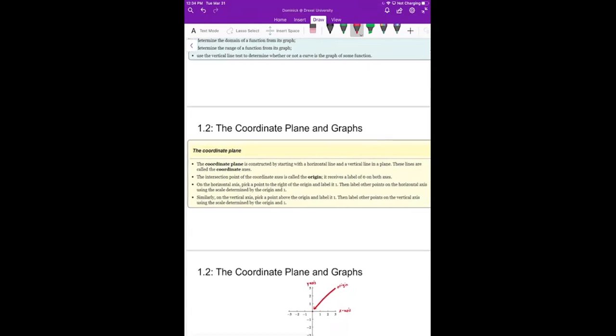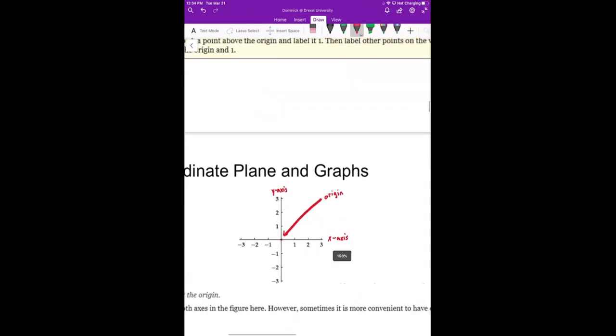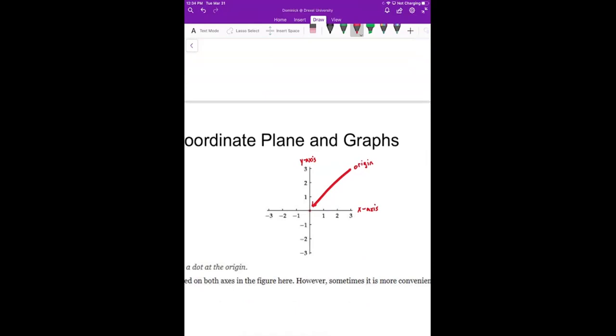All right, so now a very basic introduction looks something like this. The coordinate plane is drawn by creating two perpendicular lines that represent your two different axes. Your horizontal axis is usually denoted by the x-axis, or whatever your independent variable is, your input variable, and your vertical axis is usually the y-axis, which usually represents your output variable.